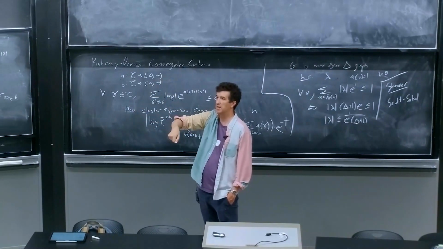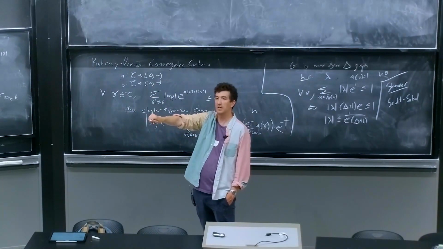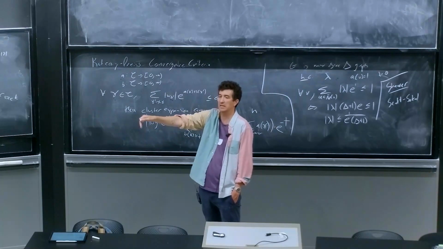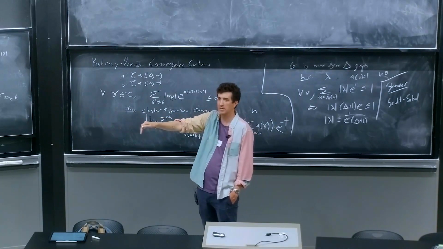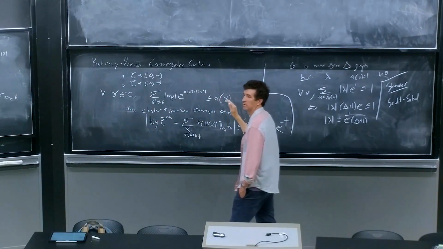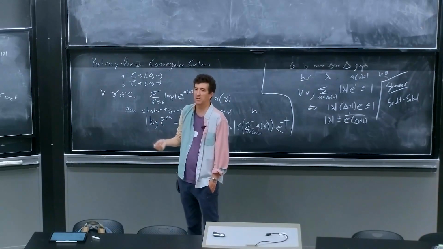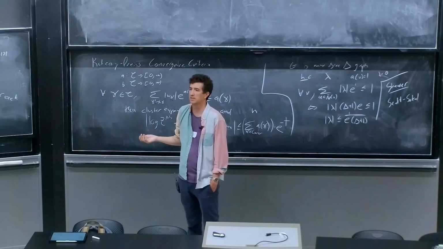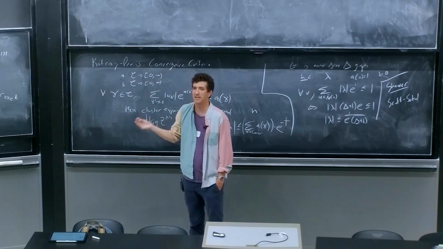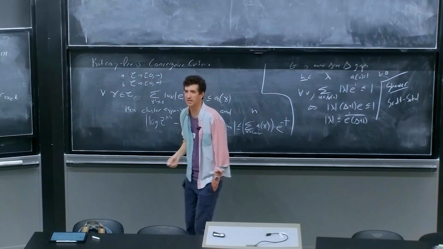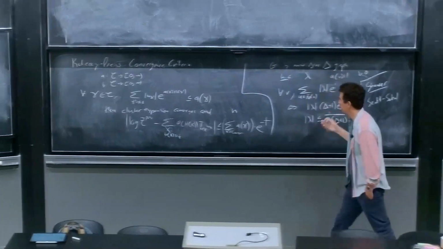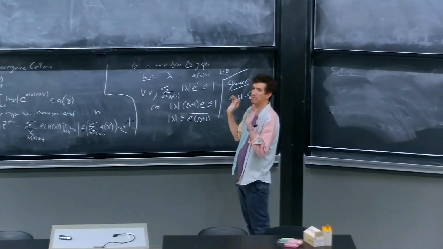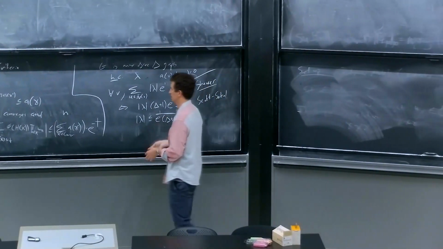You have large deviation bounds. You have a formula as an infinite series for the expected size of the independent set, the variance. You have any information you want, as long as you're happy with numbers as infinite series. But pi is an infinite series too. So really, once you have convergence, then you have everything. So it's great.